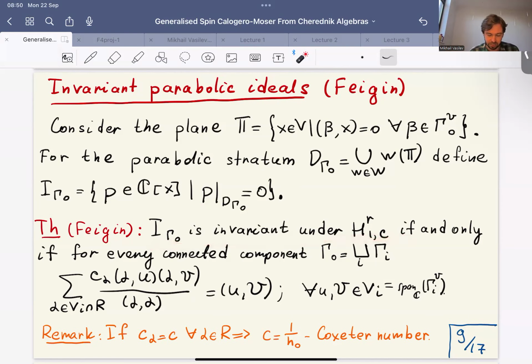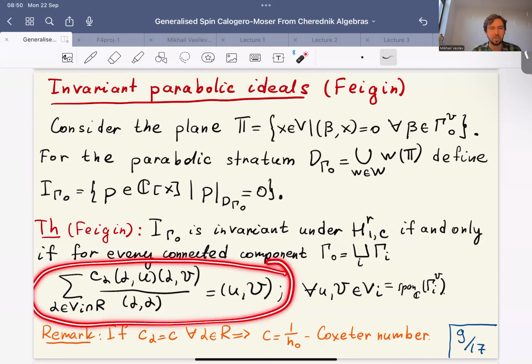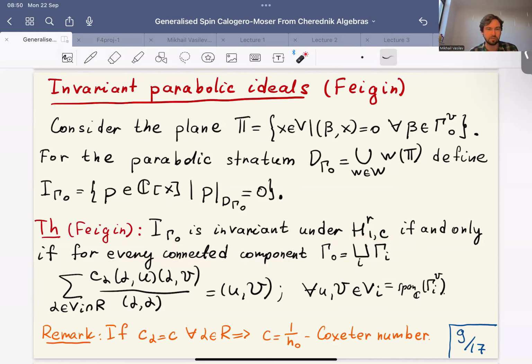The theorem says that this ideal is invariant under the action of the whole Cherednik algebra if and only if the following equation holds. I'm not really sure there is a way to understand this equality very fast. What I can say is that if all the multiplicity parameters are equal, then this relation says that the multiplicity parameter should be 1 over the Coxeter number for each connected part of the subgraph in the Dynkin diagram.